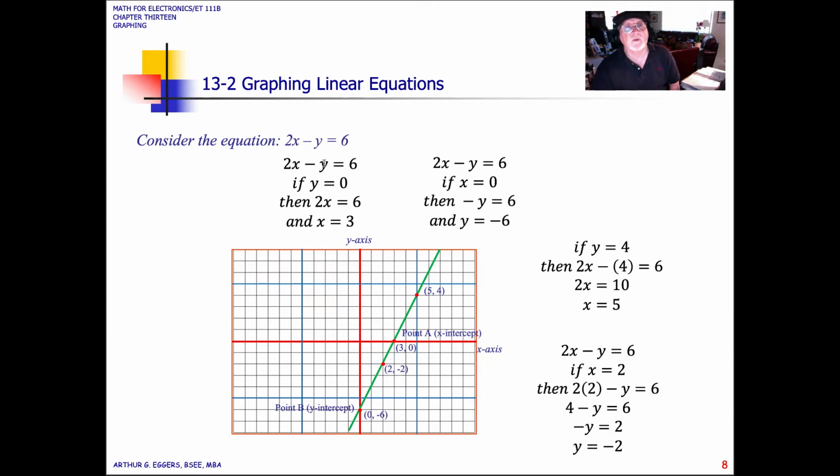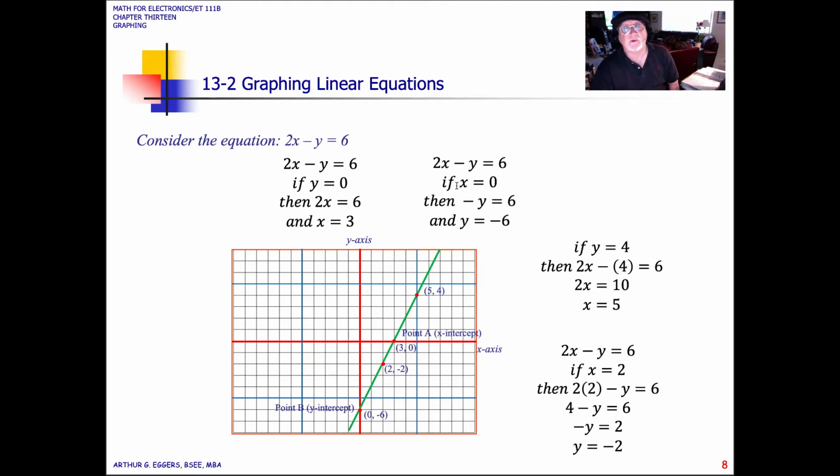If I put y in here as 0, I end up with just 2x equals 6, and therefore when I solve for x, I get x equals 3. So all I would have to do is come down here on the x-axis and place a dot there, and that would be my point for 3 and 0, x and y.